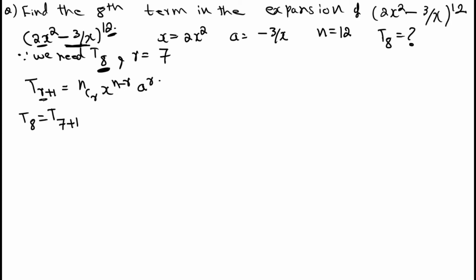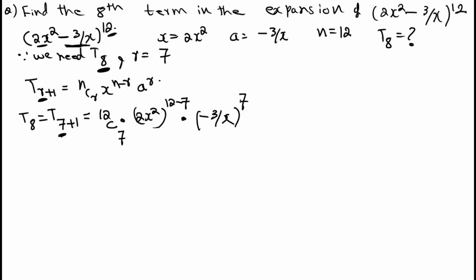Now you can see, right? In place of R, you will find 7. N value is equal to 12. R value equal to 7 into x. X is 2x square to the power n minus r, that is 12 minus 7 into a value is minus 3 by x to the power r.